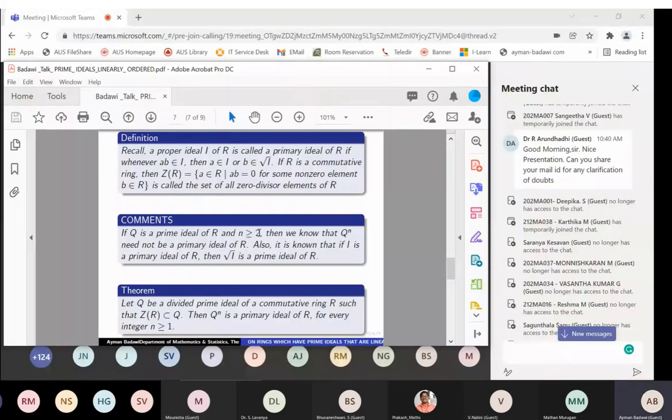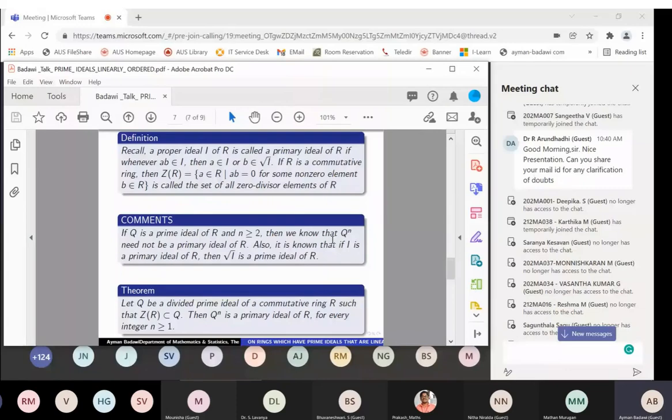If you have a prime ideal, that was one of the questions in the old days: if you take Q to the n, will it be a primary ideal? In general, this need not be true.